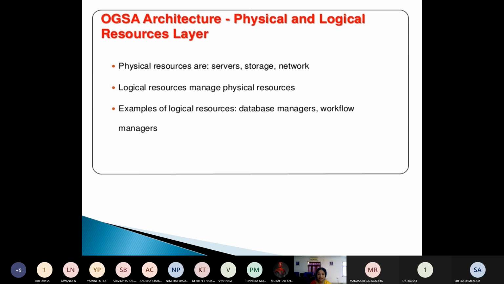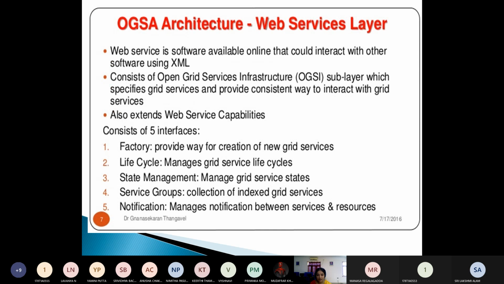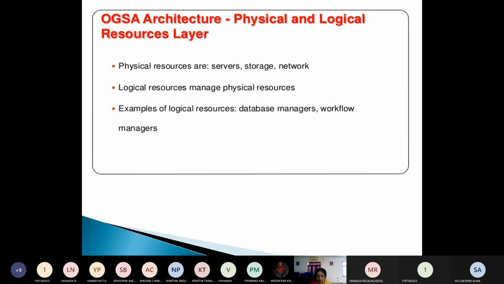The second layer in the OGSA architecture is the web service layer. What is the use of the web service layer? A web service is software available online that can interact with other software using XML.